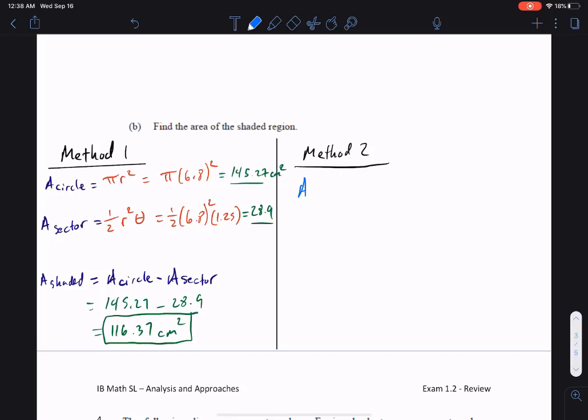So the area of this shaded region directly is the area of a sector formula, 1/2 r squared theta. So this is 1/2 times 6.8 squared times this angle theta, now 2 pi minus 1.25. And then I put that directly into the calculator and see what happens.